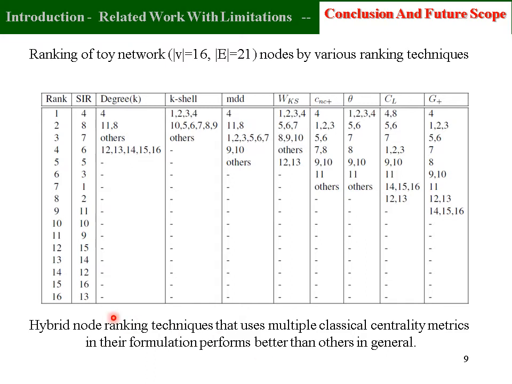Based on the degree value, we see that the first rank will be node 4. Then in the second rank, we have node 11 and node 8. These are V4, V11, V8, and we see that based on the degree we get only 4 ranks.